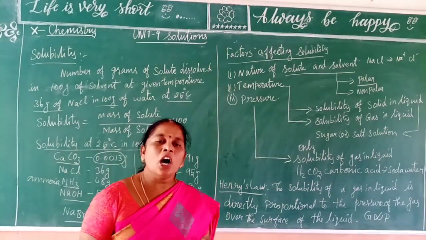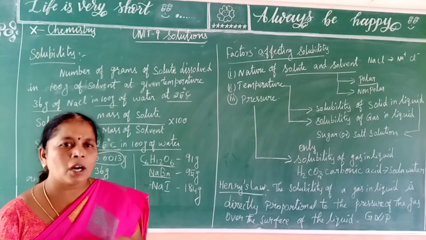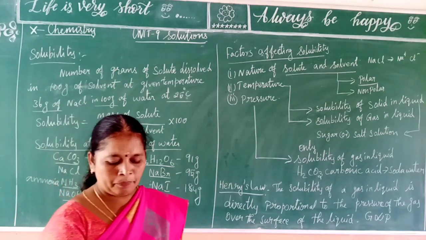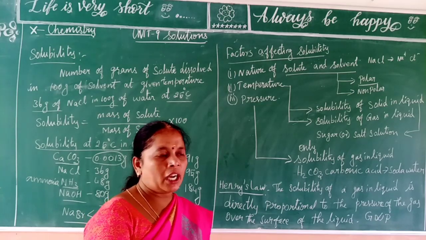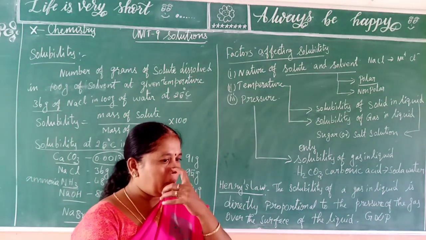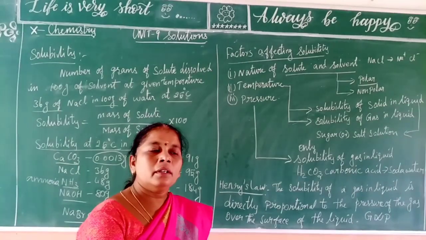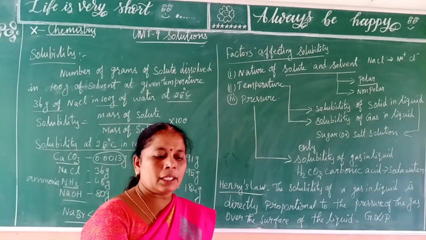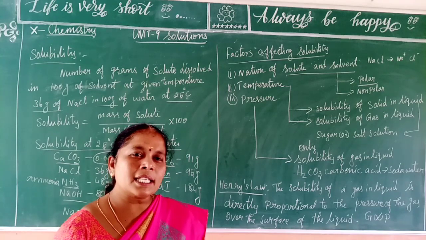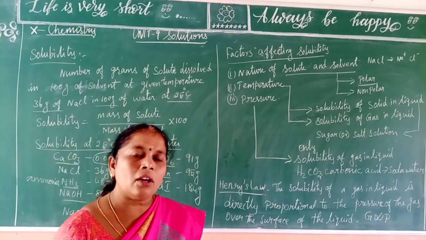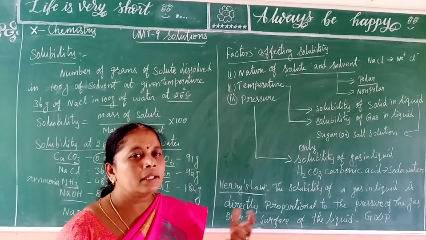Okay, next, household cleaners. What is meant by household cleaners? They contain an aqueous solution of ammonia. You know very well Harpic and other cleaning substances you use on the floor; it comes out as bubbles, the dirt combining to form a gaseous state.